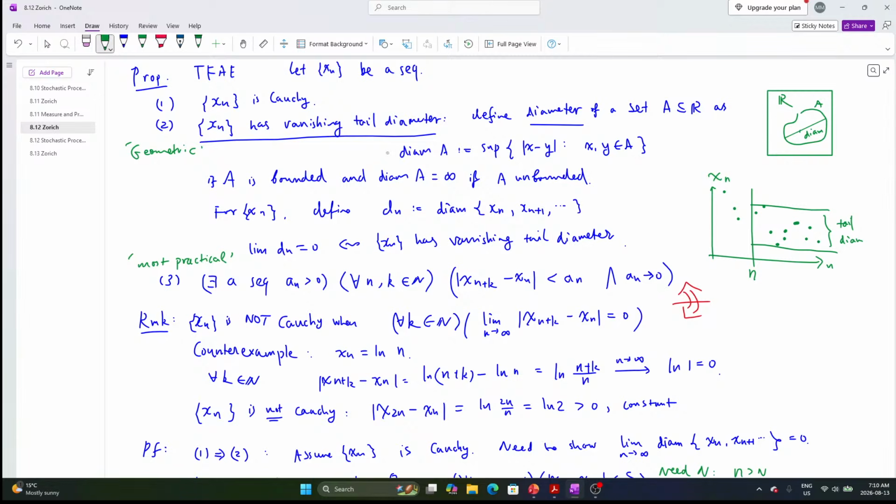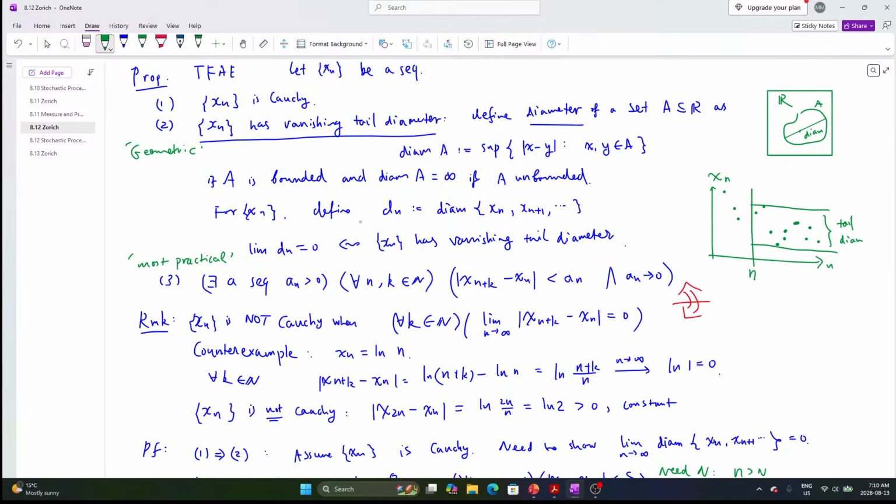We might just say that the sequence xn has a non-vanishing tail diameter, because that's the easiest way to negate the statement. To do so, you can just say the tail diameter has a non-zero lower bound.